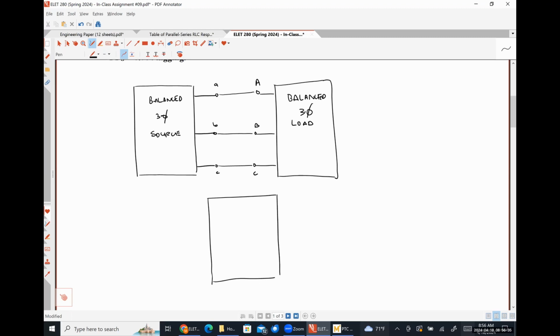So let's call this load one. So I'm going to connect the A phase to the A phase like so. The B phase to the B phase. And the C phase like that. Not pretty, doesn't remotely matter.